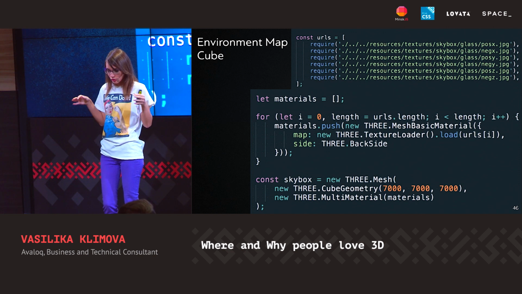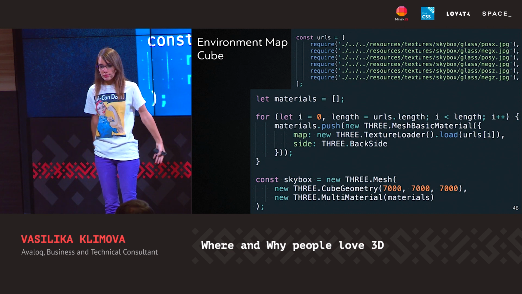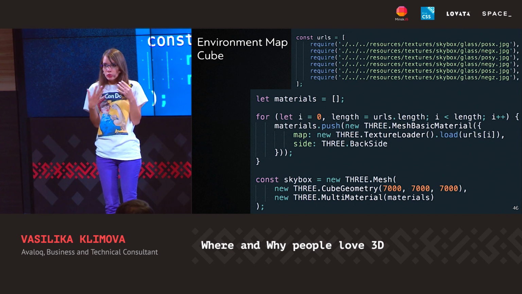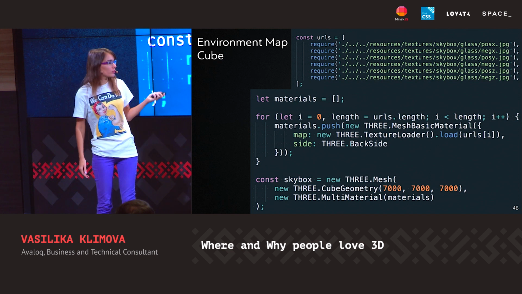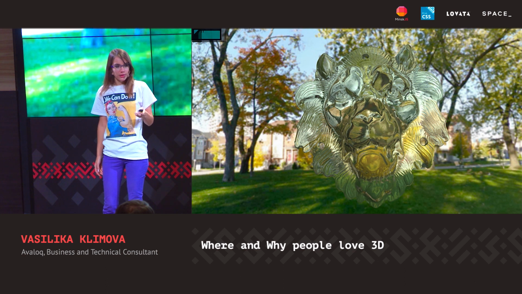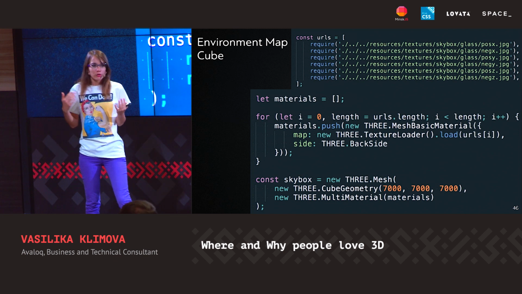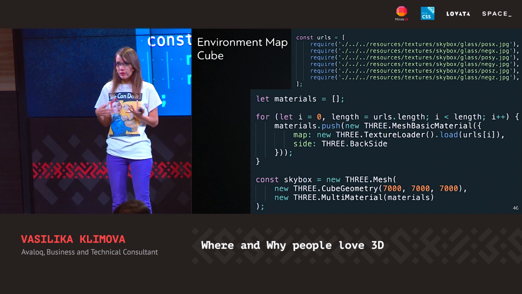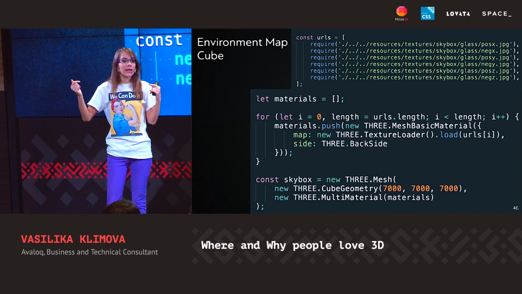And now we will look at how we can create an environment map. It's what I said. When you stay inside some sphere or cube, it doesn't matter, and you look inside and see a beautiful world, but it will be just photos of something. And how I created it. First of all, you have several pictures to put inside the sphere or inside the cube.